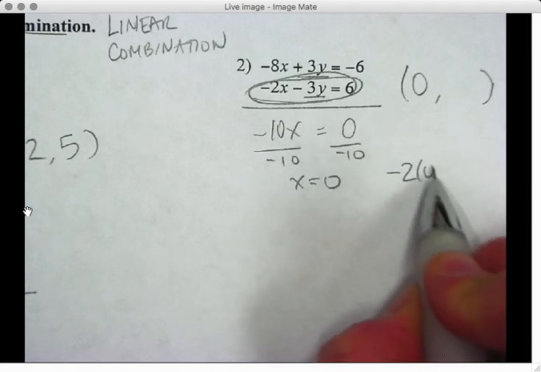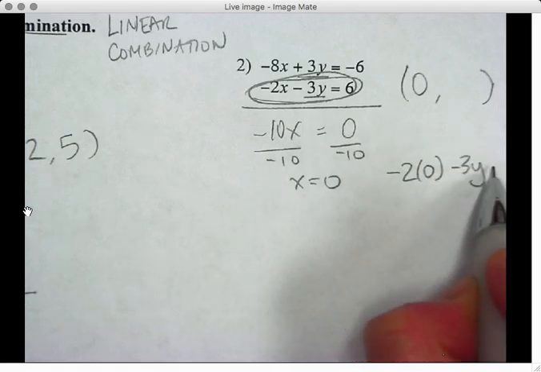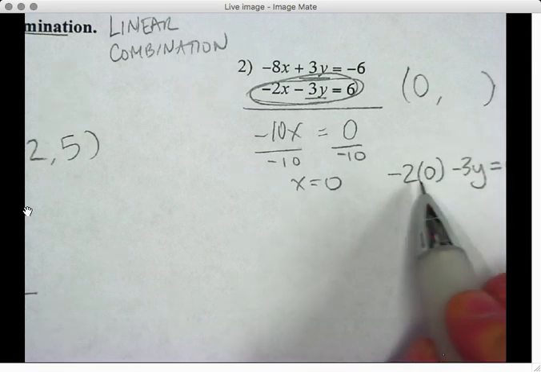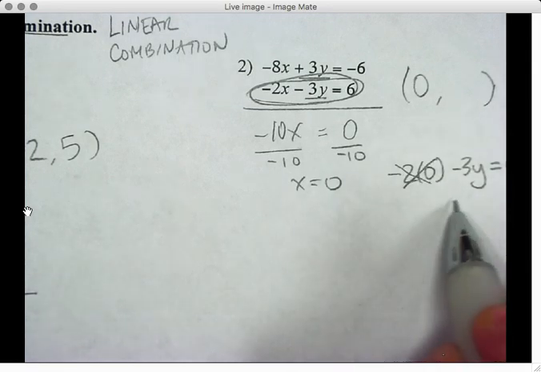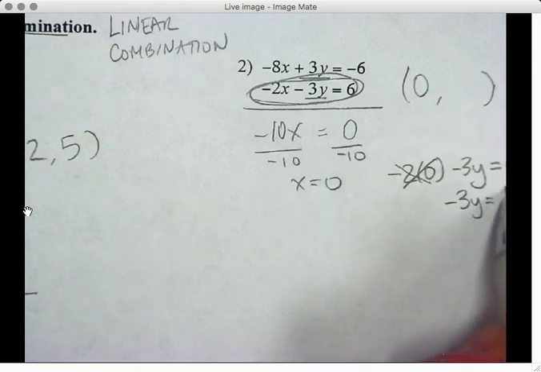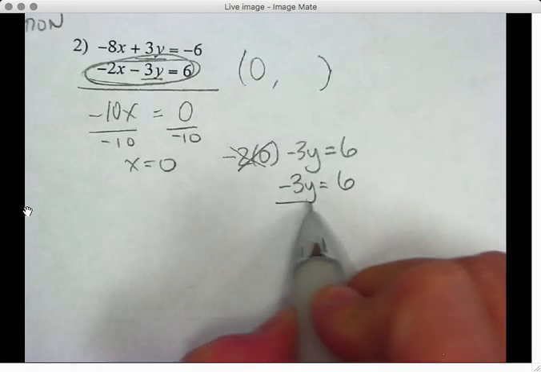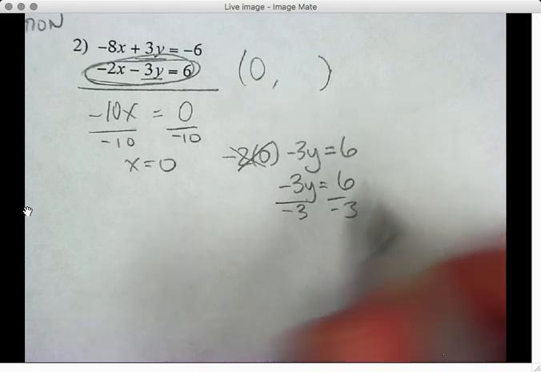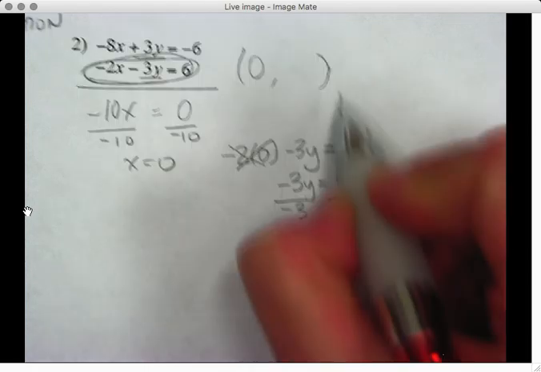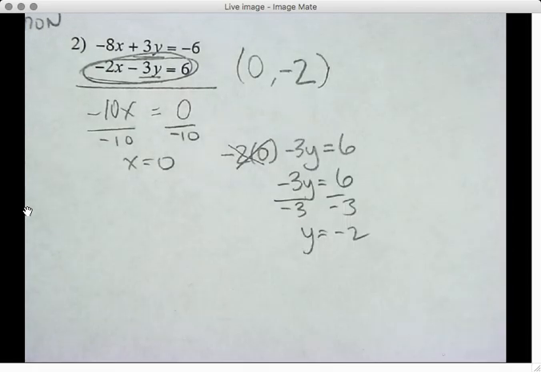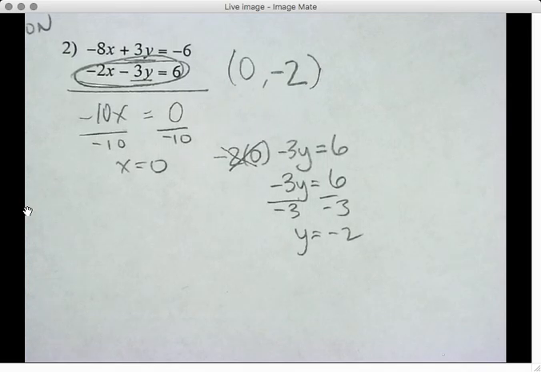So -2 times 0 minus 3 times y equals 6. This is just 0. So now my equation looks like this. Sorry, you can't see it. There it is. And then divide by -3, and I get y equals -2. All right. So again, they will be set up beautifully for you.